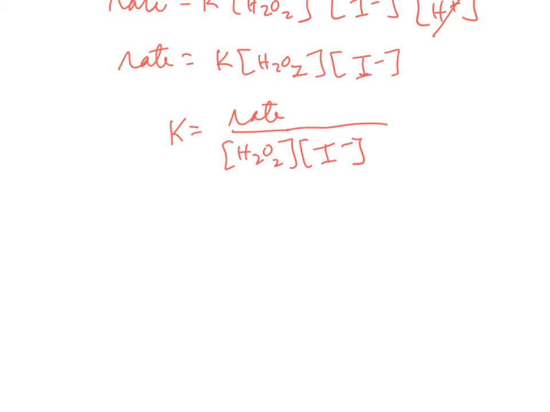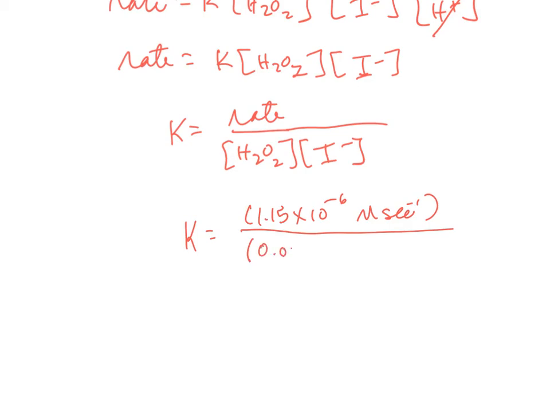Okay, so now we're going to say K equals the rate, 1.15 times 10 to the minus 6 molar per second, and then divided by peroxide concentration from experiment 1, 0.010 molar and 0.010 molar. They're both to the first power.